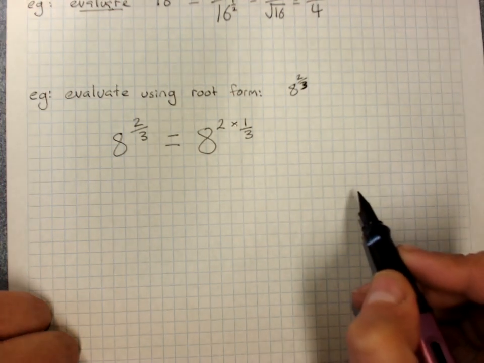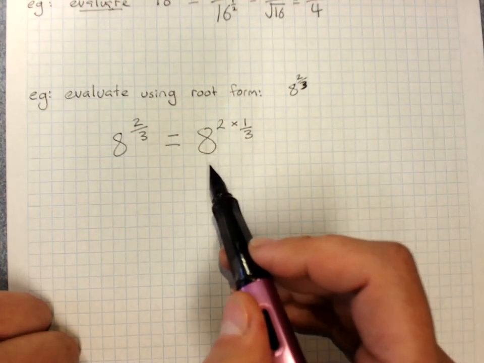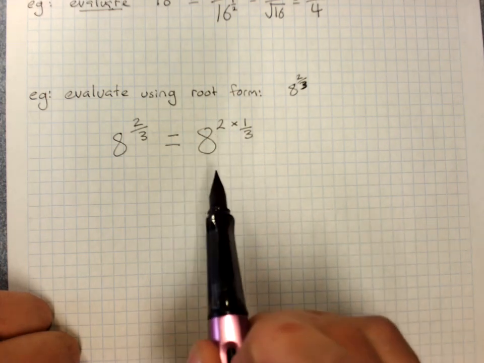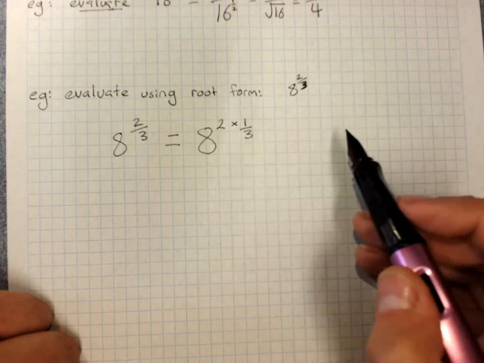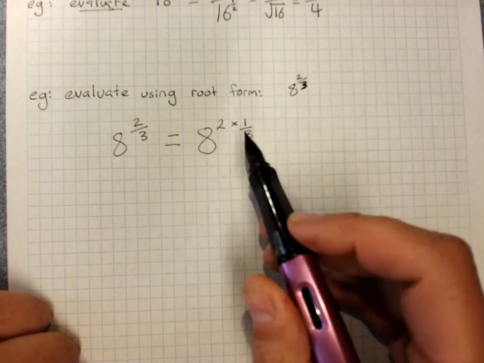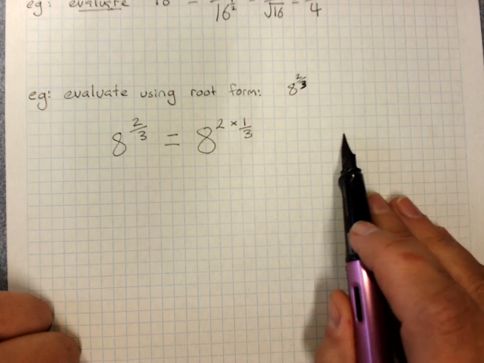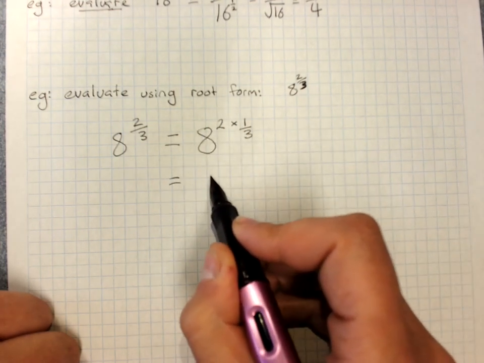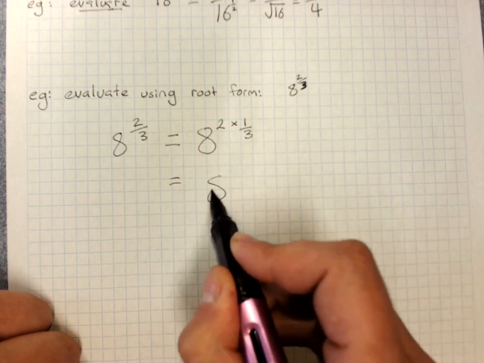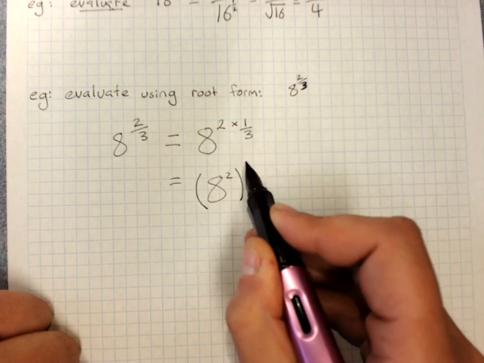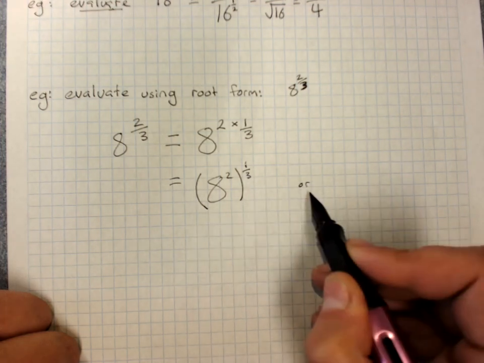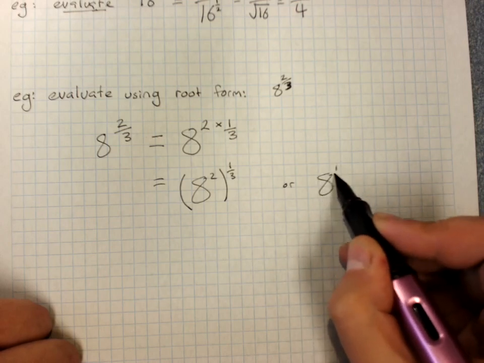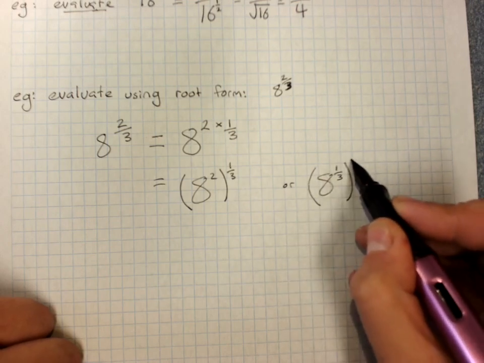Now, because I've separated that out to a product of powers, you should remember that when we multiply powers, it's because it was a power of a power. So I can rewrite this with brackets as either 8 squared to the power of 1/3 or 8 to the 1/3 squared.